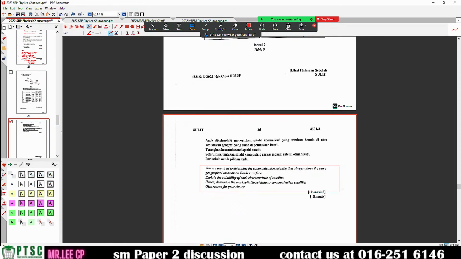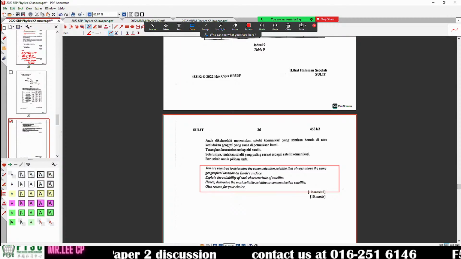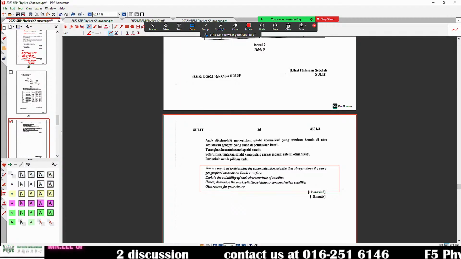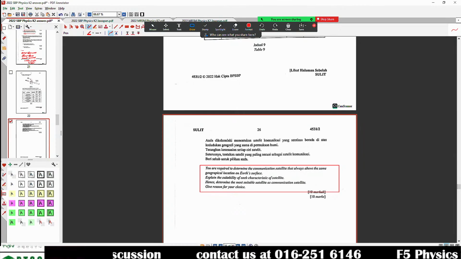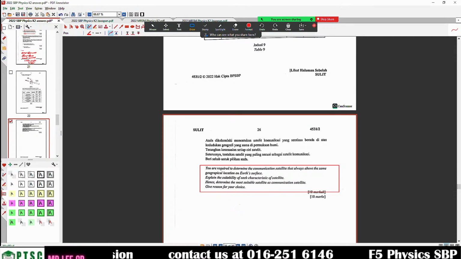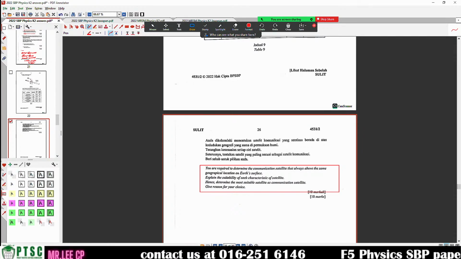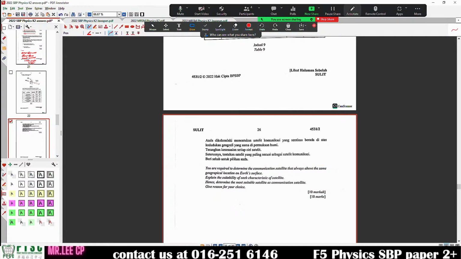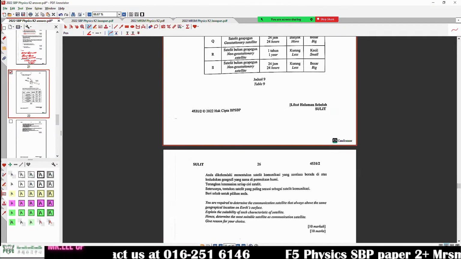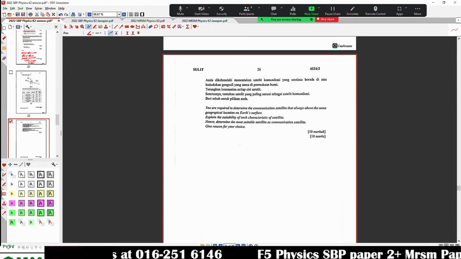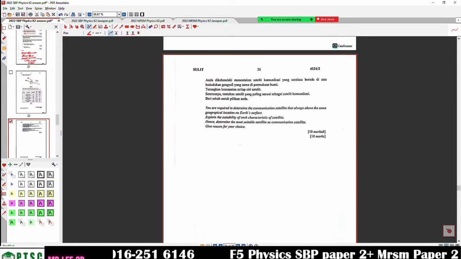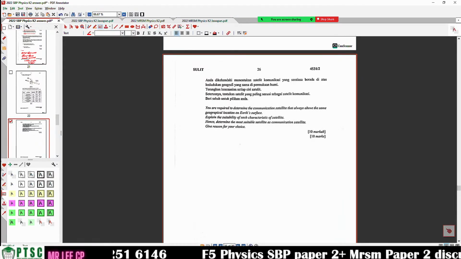Explain the suitability of each satellite, and hence give the most suitable answer, as the satellite gives you a reason. So we already know it is geostationary. What you need to do is put it into a table.